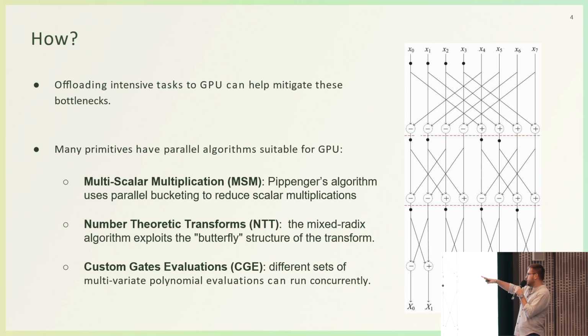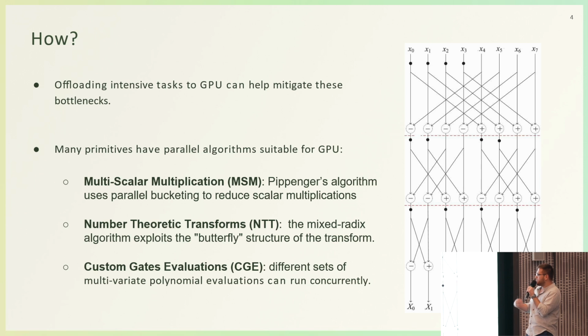We identified for now three: MSM, NTT, and custom gates evaluation. For the multiscalar multiplication, the best-known parallel algorithm is the Pippenger algorithm, which uses a parallel bucketing method to reduce the cost of elliptic curve operations. For NTTs, the parallel algorithm, the mixed radix in particular, exploits the butterfly structure of the NTT that you can see here on the right.